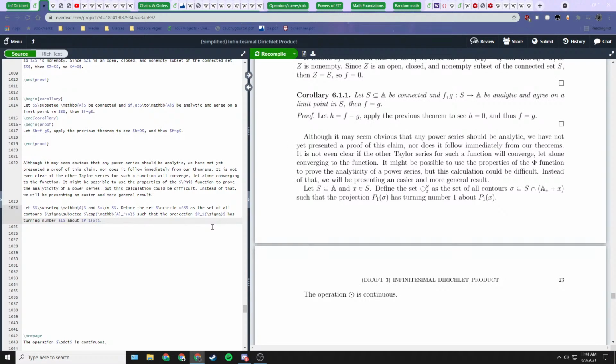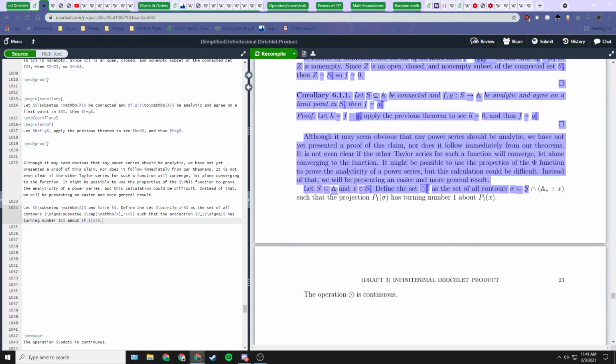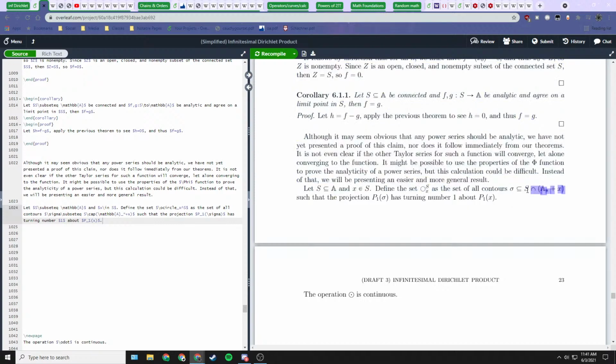So this is a very interesting sort of definition for loops. This class is the set of all contours sigma which are subsets of this set here. If we just had A star plus X, this would just be the set of contours sigma such that the projection P1 of sigma never overlaps P1 of X. That's just what this set A star plus X is.